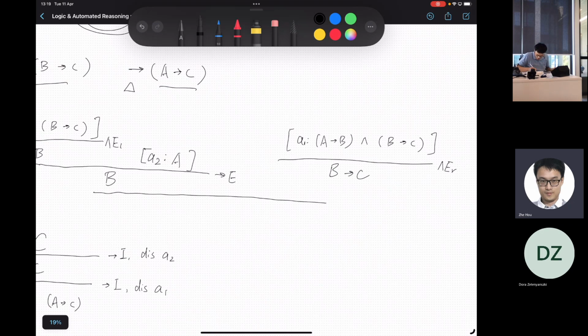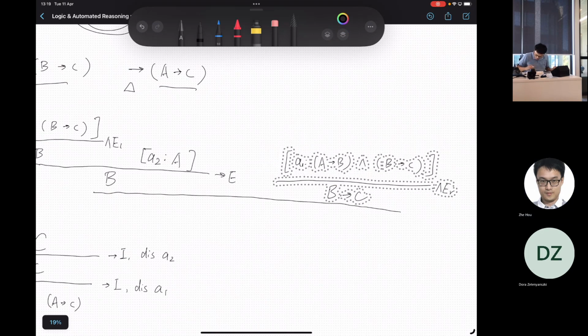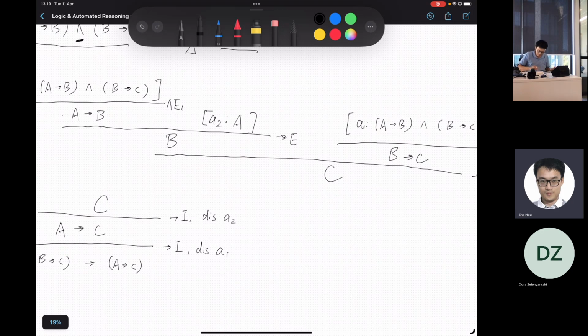So I'm going to move this a little bit to align nicely here. So we've got another implication elimination. What do we conclude? We conclude that C is true. And remember, C is true, exactly what we need here.